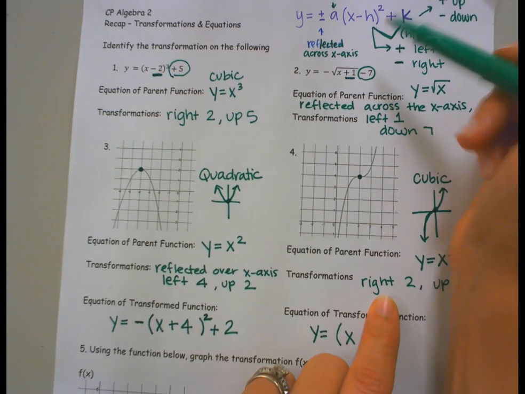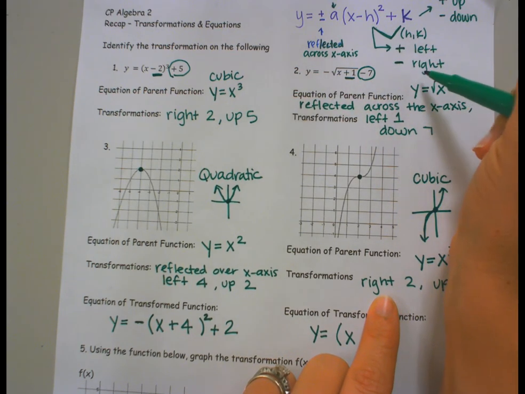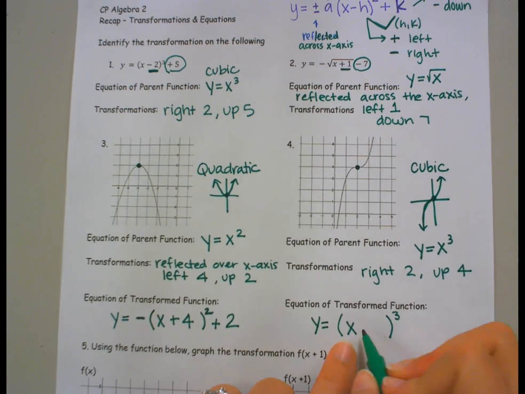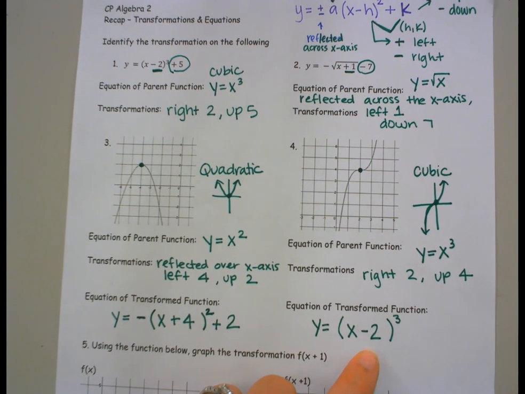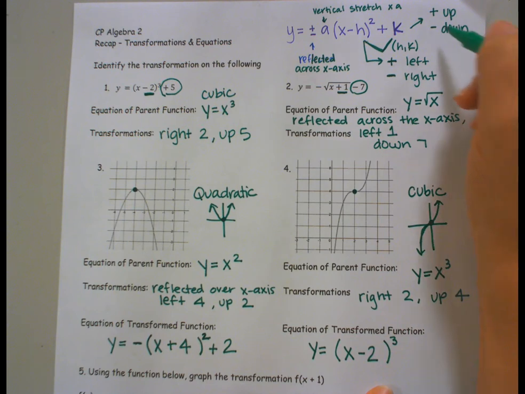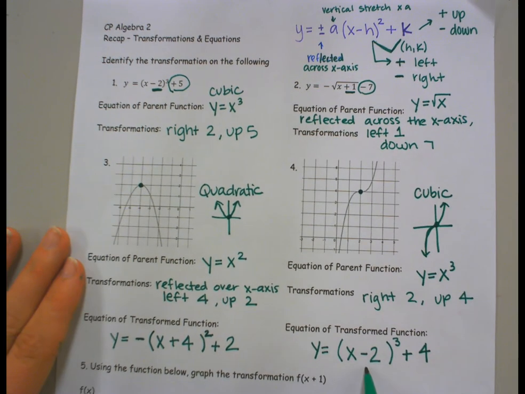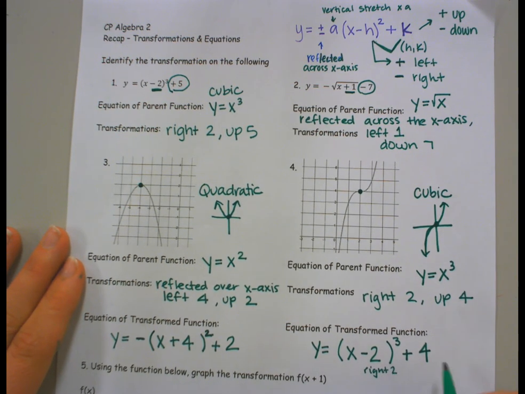So if we go back to this equation up here, anytime we go right, we're using a minus sign. So this is going to be minus 2. And then because we went up 4, that means from our original function, we're going to add 4. So this minus 2 symbolizes our right 2, and this plus 4 symbolizes our up 4.